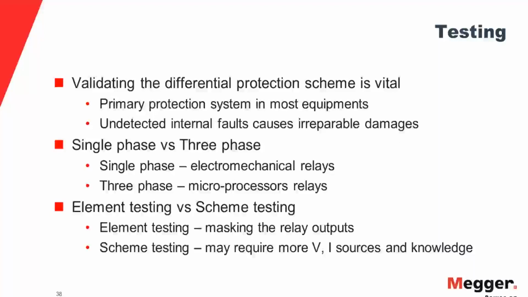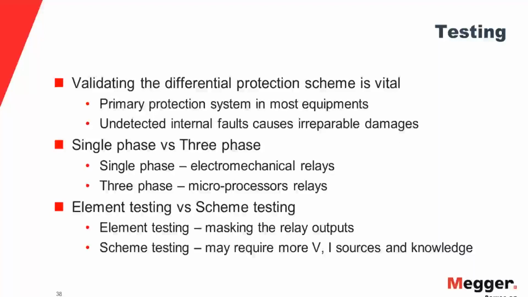validating the protection scheme is pretty important because, as I mentioned at the start of the webinar, the protection function is pretty much the primary function. The differential function is pretty much the primary protection function in generators or transformers or bus bars.